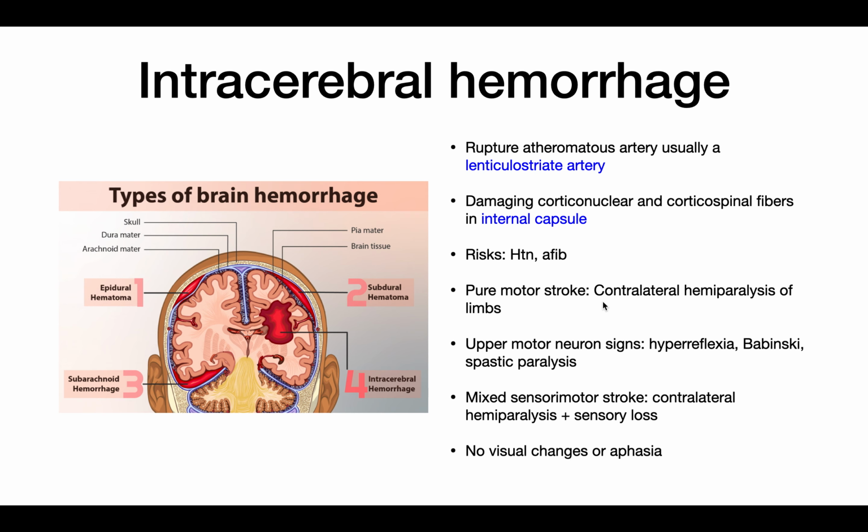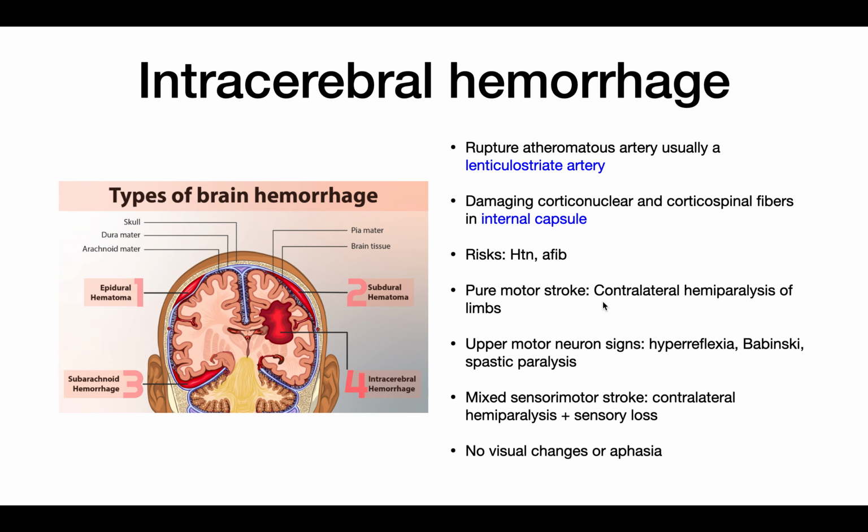So that's going to result in the contralateral hemiparalysis of the limbs. There's not going to be any dysphagia or visual changes. The upper motor neuron signs are going to be present. So there's hyperreflexia. The Babinski sign is going to be positive, along with spastic paralysis.